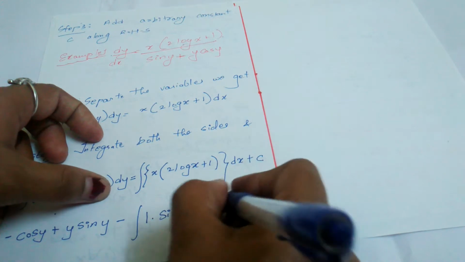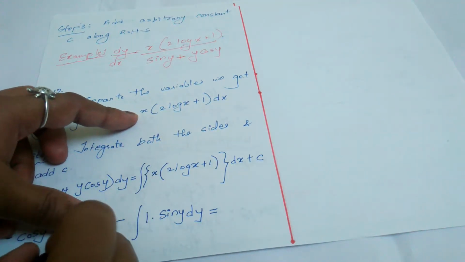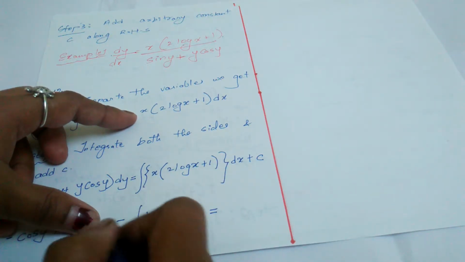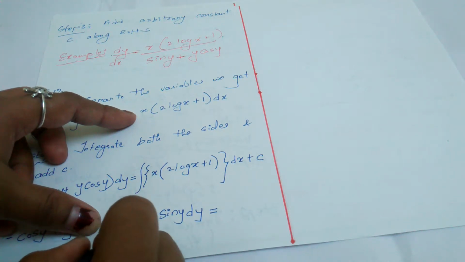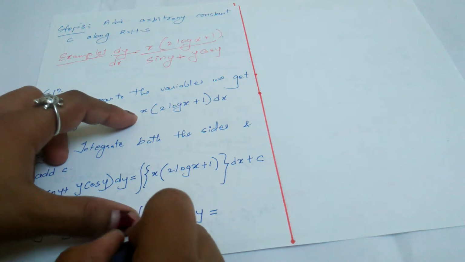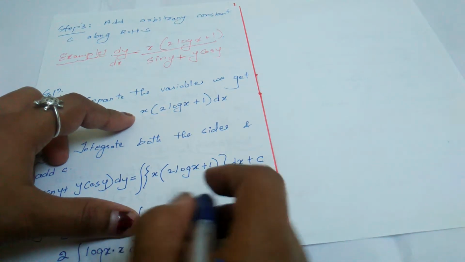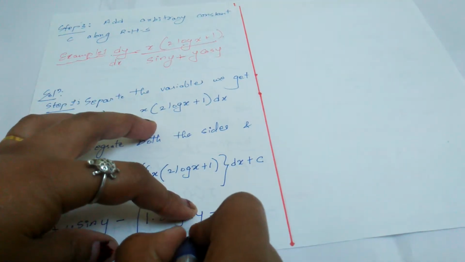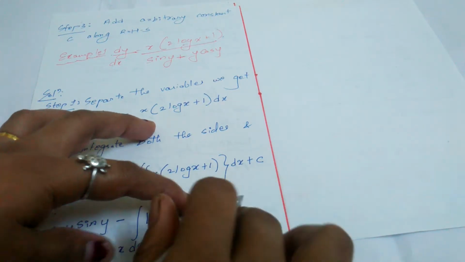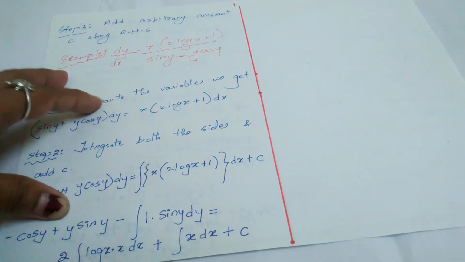Now I will solve the RHS term, which is equal to 2 integral of log x into x dx plus integral of x dx plus c.